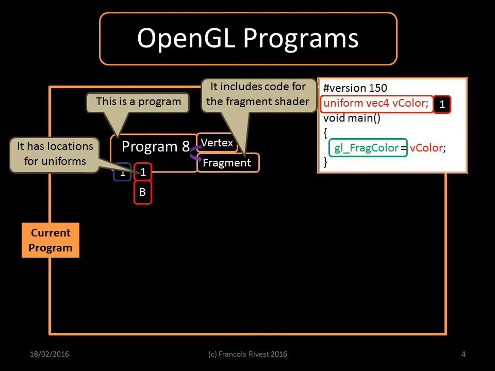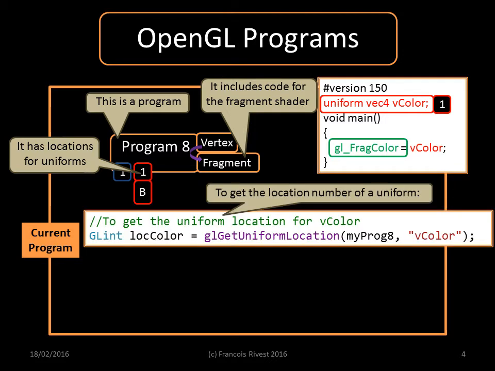That's very similar to attributes. And then the important output variable is what will be the color of that fragment. Now, similarly with attributes, you can get the location of a uniform using the following piece of code, just glGetUniformLocation with your program number and the name of the uniform as a string.